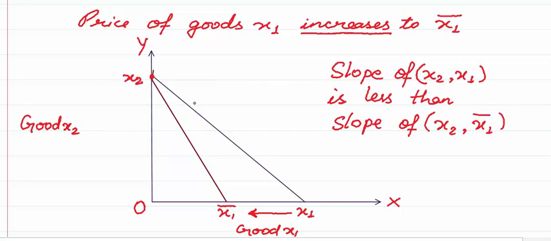We can see that X2 X1 is flatter than X2 X1 bar, and hence the slope of X2 X1 bar is more than the slope of X2 X1.